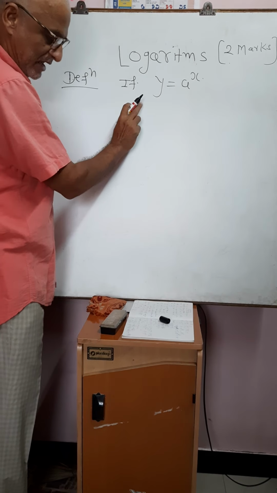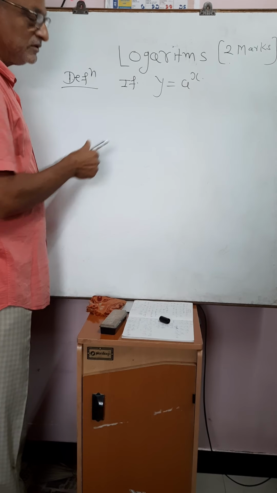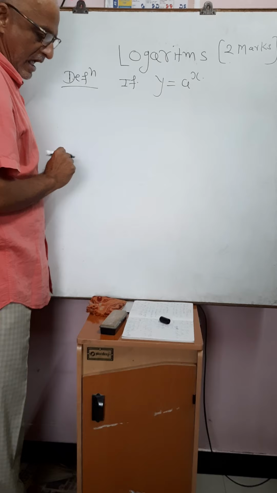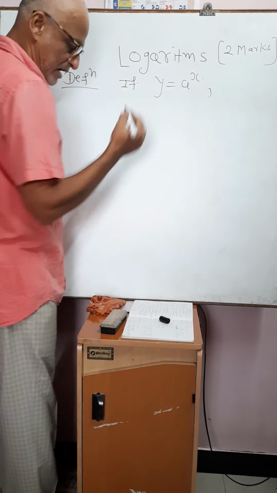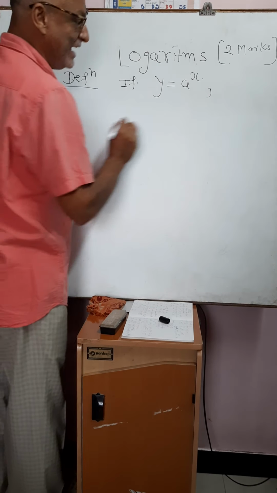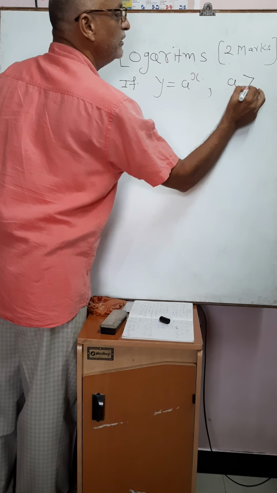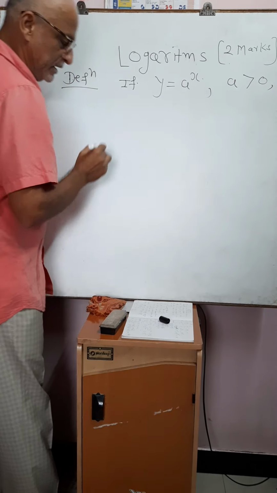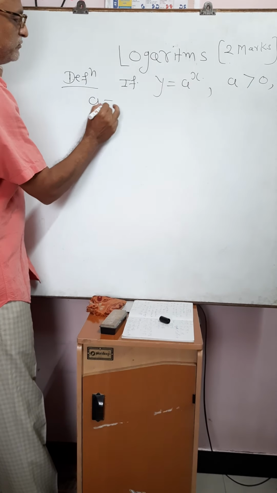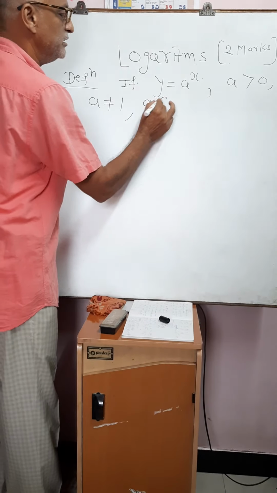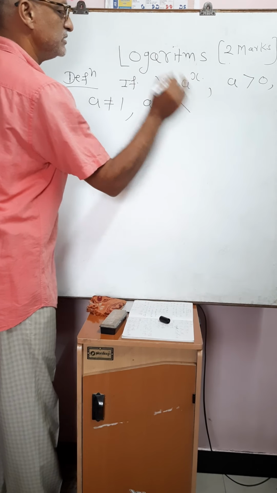Now if y is equals to a raised to x and some certain conditions are on a, the condition is that a is greater than 0, a should not be equals to 1, and a belongs to the set of real numbers.